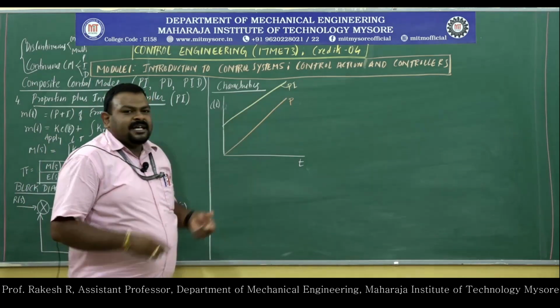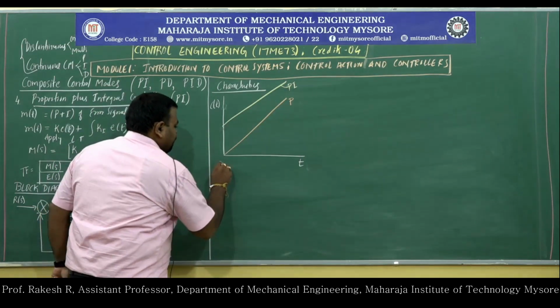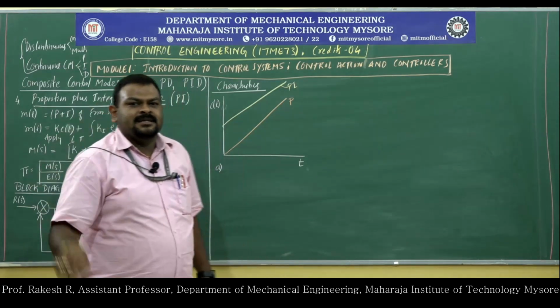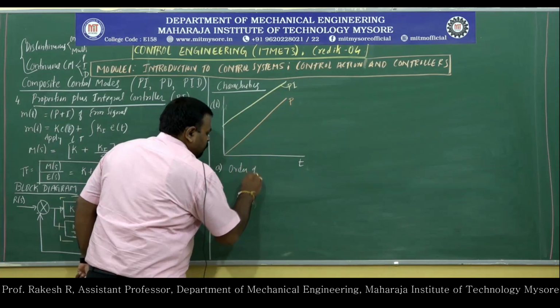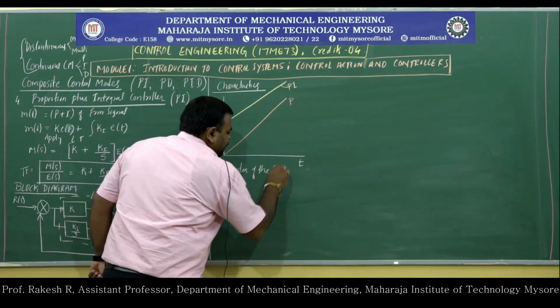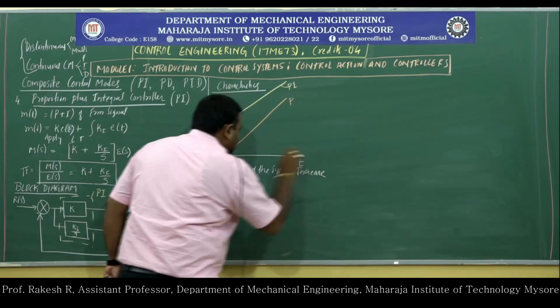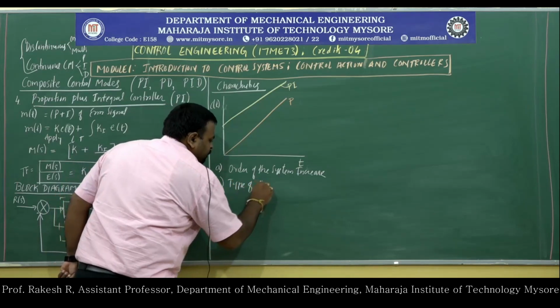So let us list what are the characteristics of proportional integral control action. As I already said, because of the increase in S, the order of the system increases. That is the first characteristic. Because of this, even the type of the system also increases.